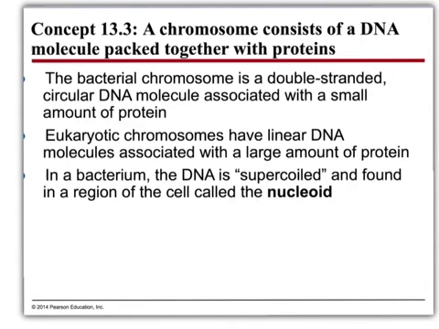We know that chromosomes are composed of what? DNA and protein. Okay. The structure of chromosomes, and we know the native form of DNA is what? What's the native structure of DNA? A double helix.